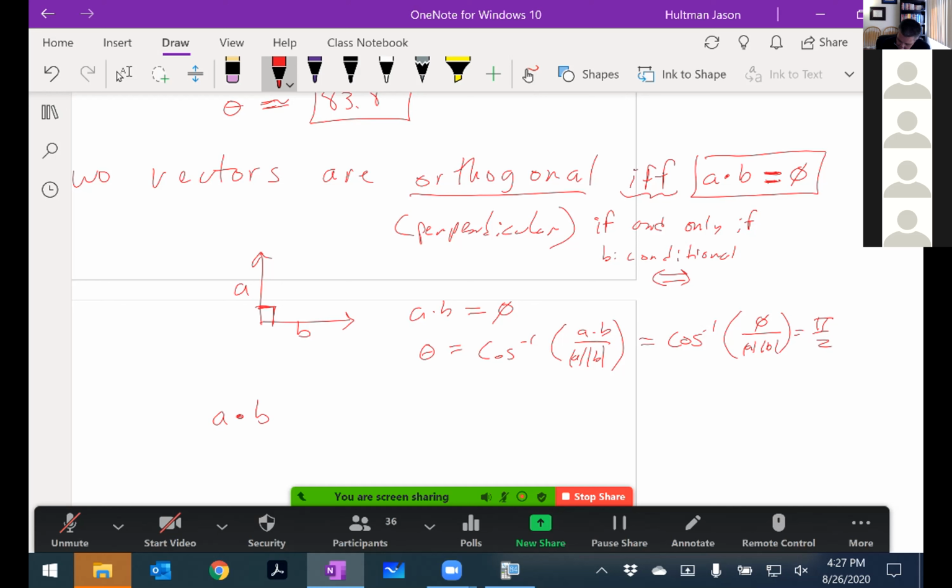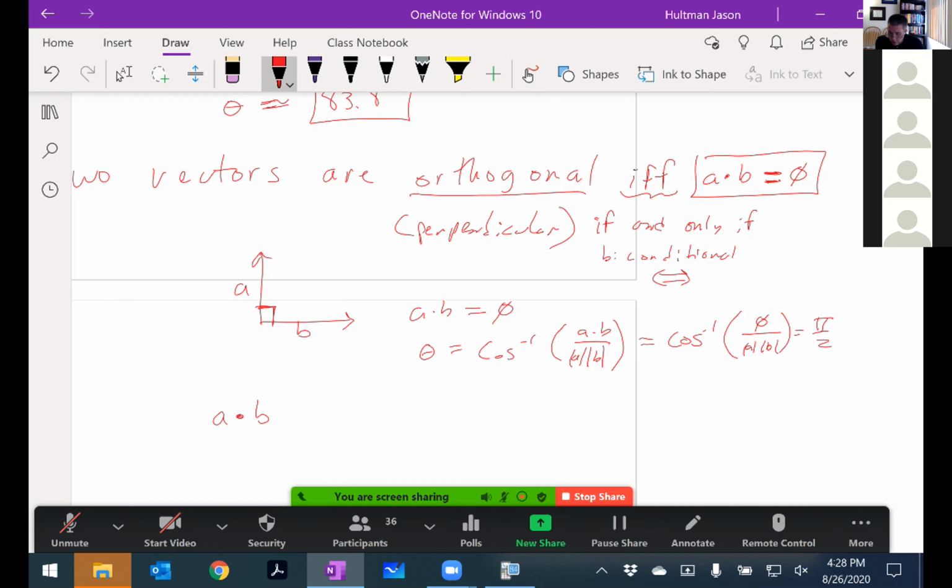If A dot B is less than, okay, what am I trying to say here? If A dot B, the inverse cosine, let me think about this for a second.